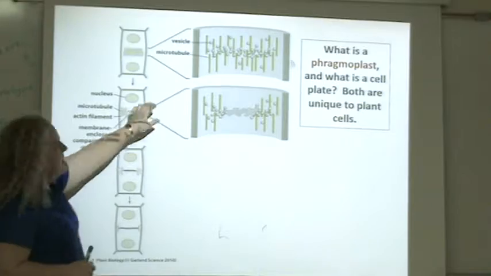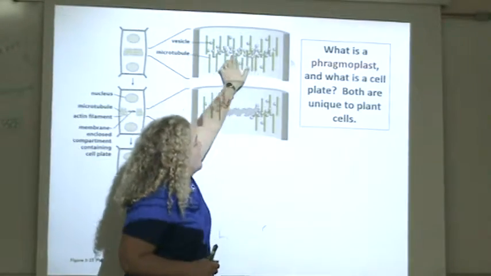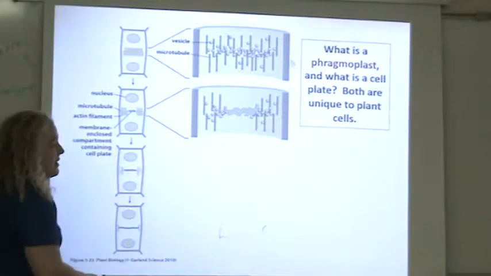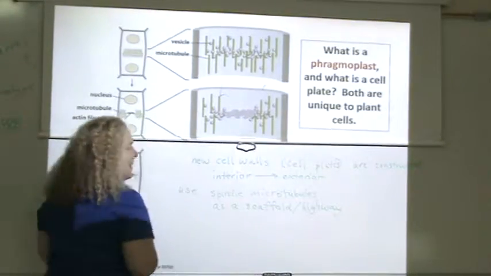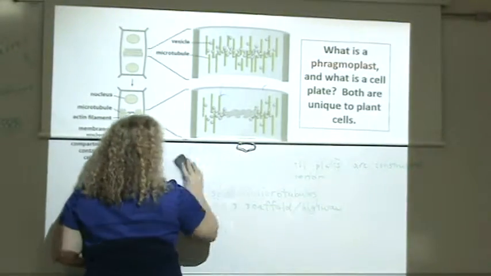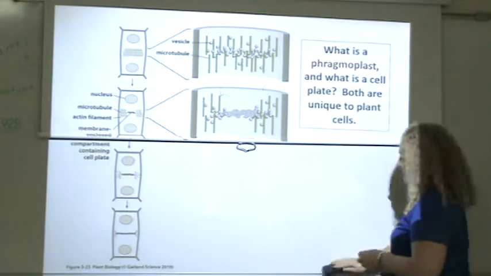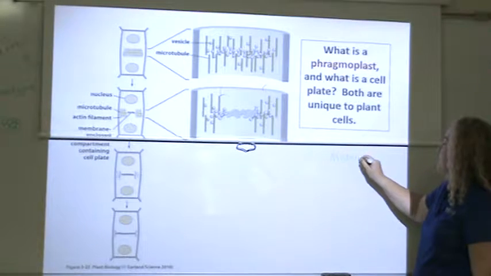So this assemblage of microtubules and vesicles, and the contents of the vesicles, that's phragmoplast. And that's one of my favorite plant words, fairly bizarre word, phragmoplast. But its name kind of helps me remember what it is.